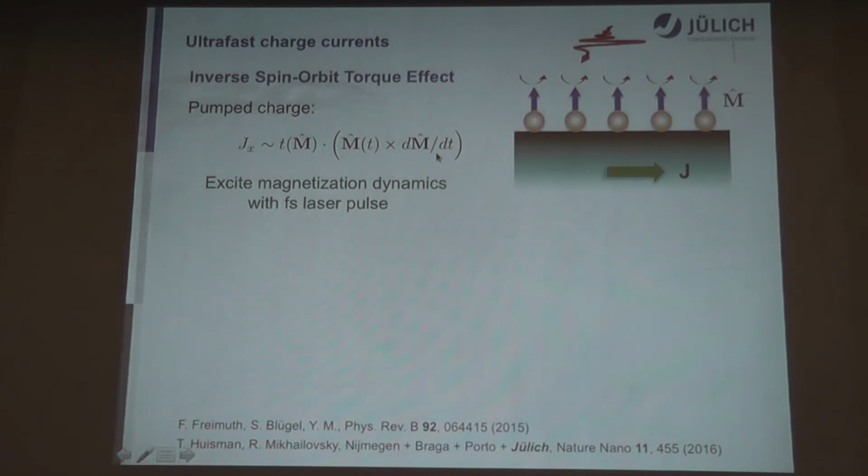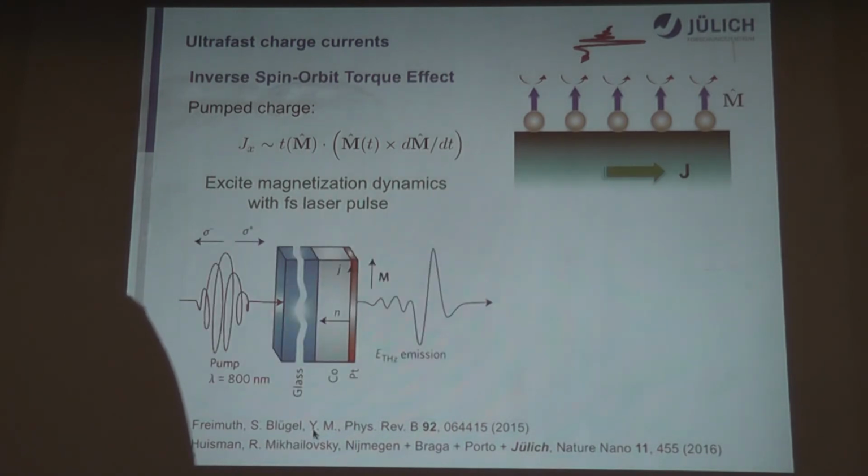Our experimental collaborators this time from Nijmegen, in the group of Alexei Kimel, designed such an experiment which looks pretty much similar to what we have seen before from Tobias Kampfrath's experiments, and they shine a circularly polarized femtosecond laser pulse on our magnetization, and indeed they measure this type of terahertz radiation which is distinctly different from the one that we saw within the super-diffusive current picture.